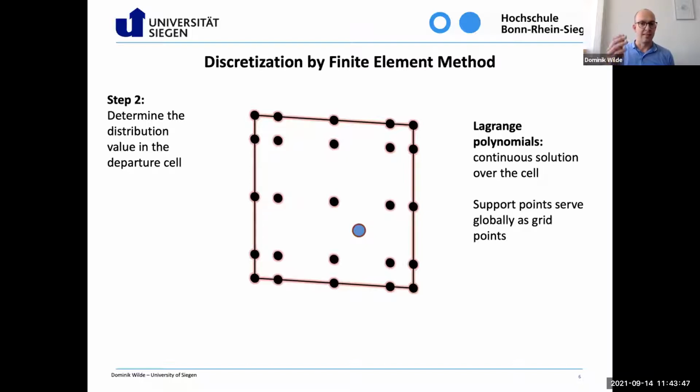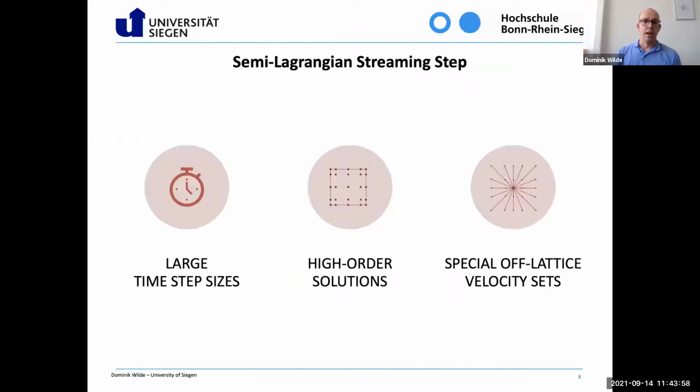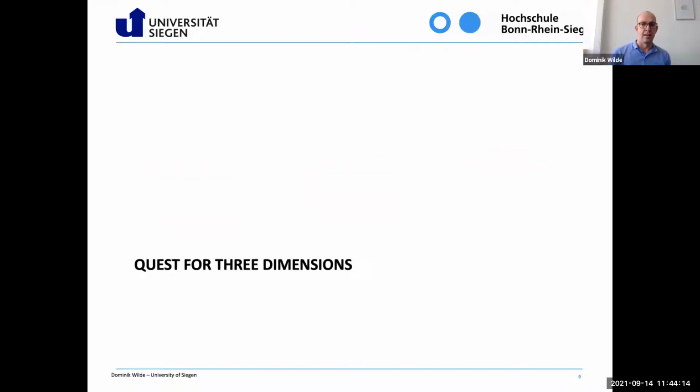This is the interpolated point, which is then streamed to the desired starting point. The advantages of the semi-Lagrangian streaming step are that you can apply larger time step sizes compared to Eulerian schemes. It features high-order solutions, and we are able to apply special off-lattice velocity sets.